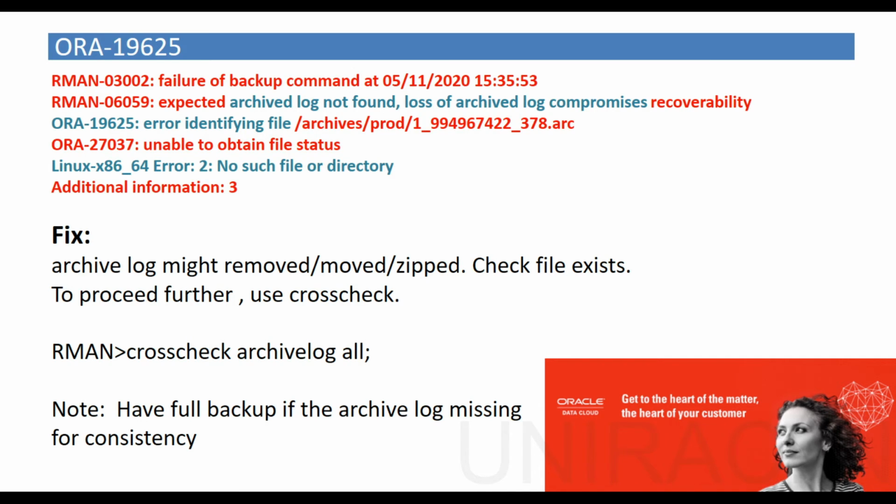So as we can see, if your backup failed due to the arclog missing, we find the RMAN-03002 error, and it was expecting the log file which was not found.